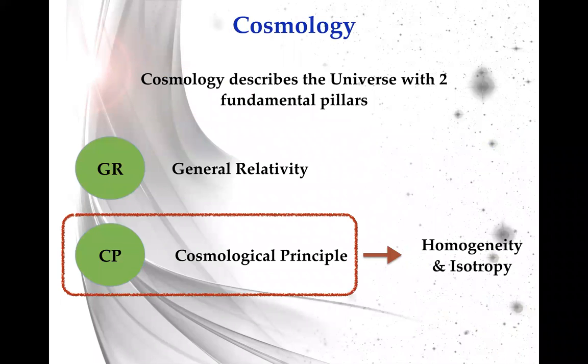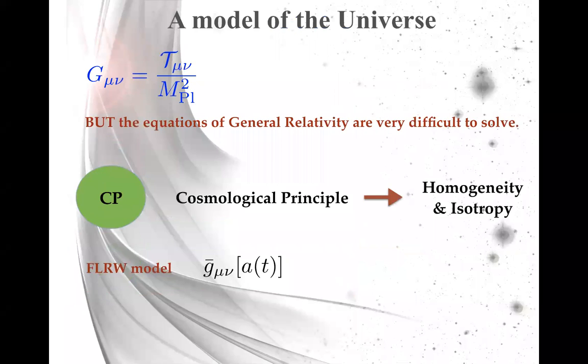And there our second pillar that we had introduced comes to help, the cosmological principle. Now, assuming that the universe is homogeneous and isotropic, we can actually solve Einstein's field equations. And these are these FLRW models, in which the metric is given at the background level in terms of a scale factor that only has time dependence.